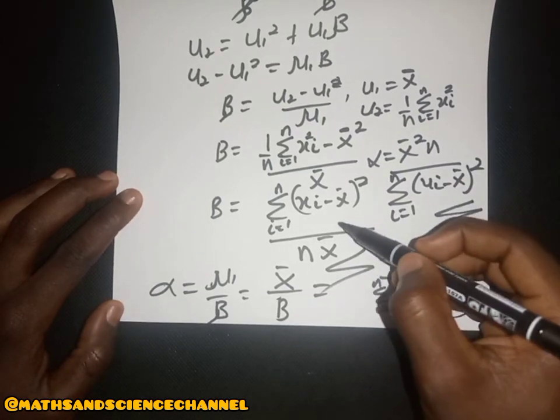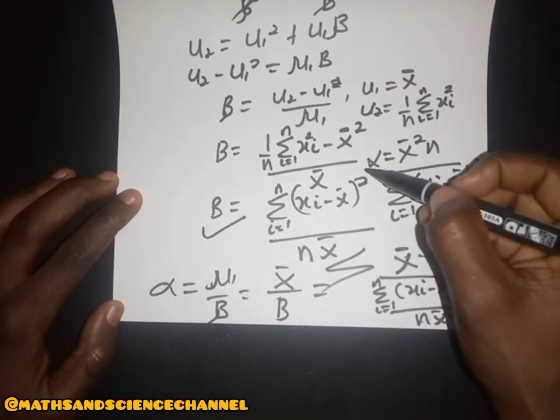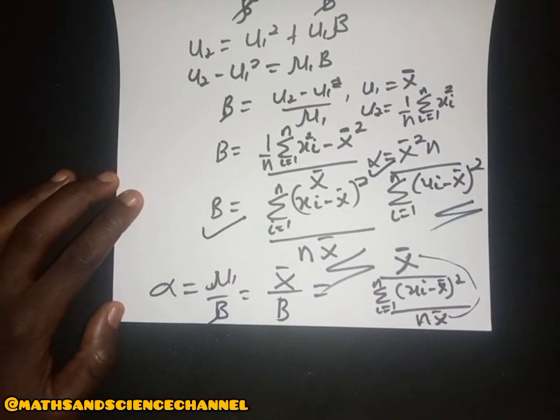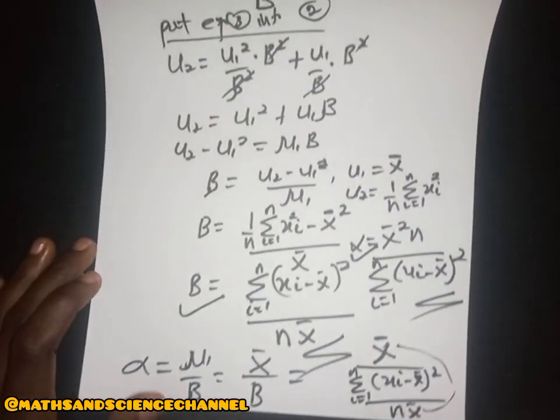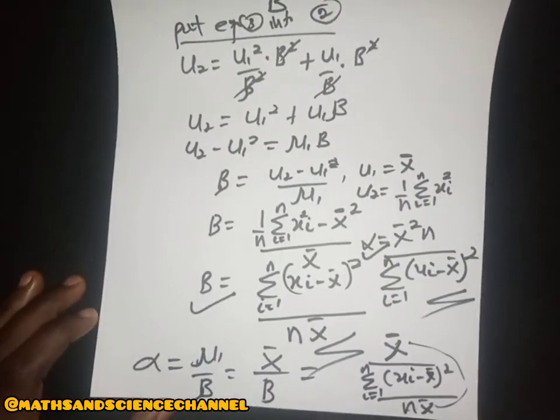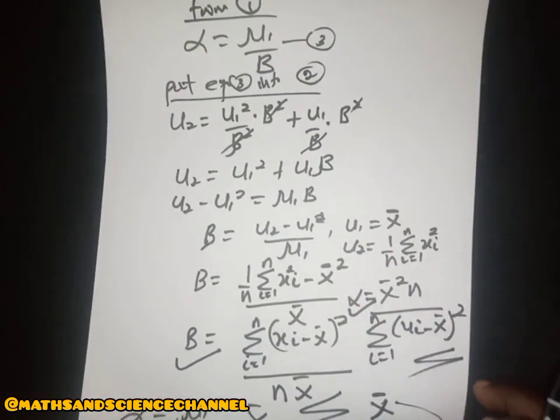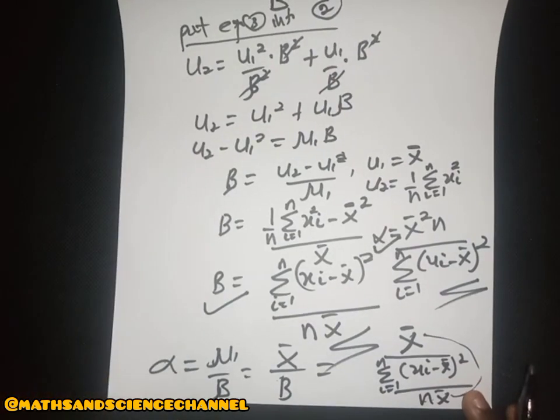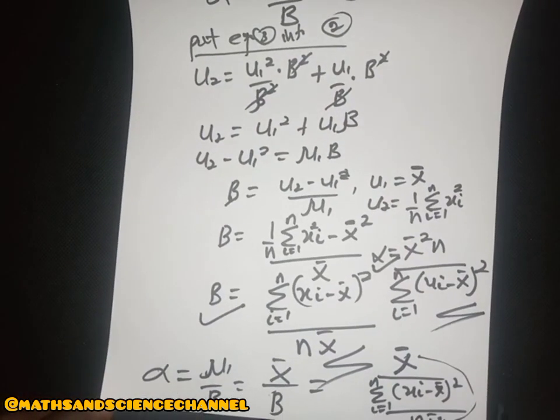So in this case, this will be our beta, and this will be the value for the alpha. So this is a bit complicated, but if you take your time, you'll be able to get it.